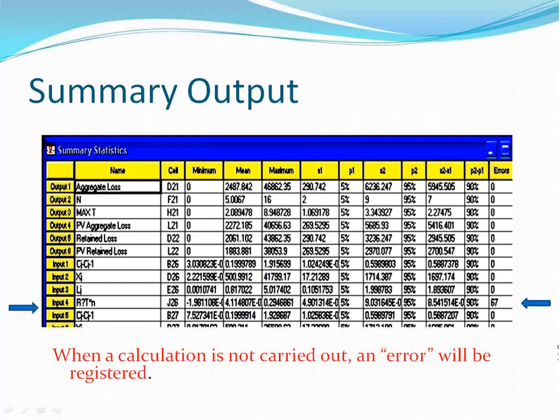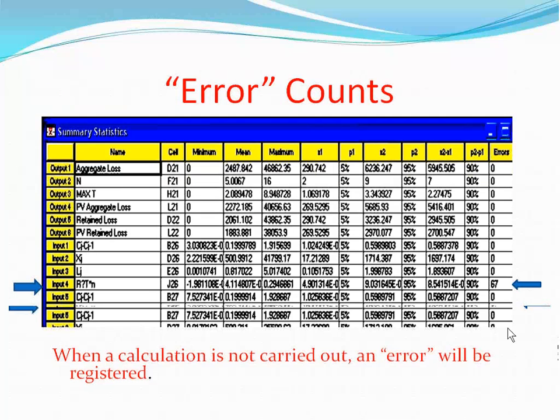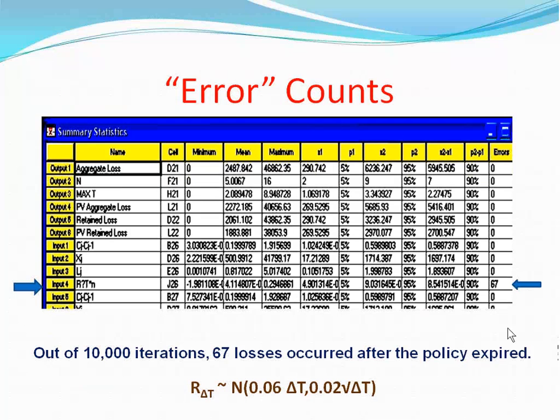In this particular case, you get an error message, and it says the error is 67. When there is an error registered, that means that a calculation wasn't carried out, in this case 67 times. So what does this mean? Well, out of 10,000 iterations, 67 times they did not calculate the short rate.